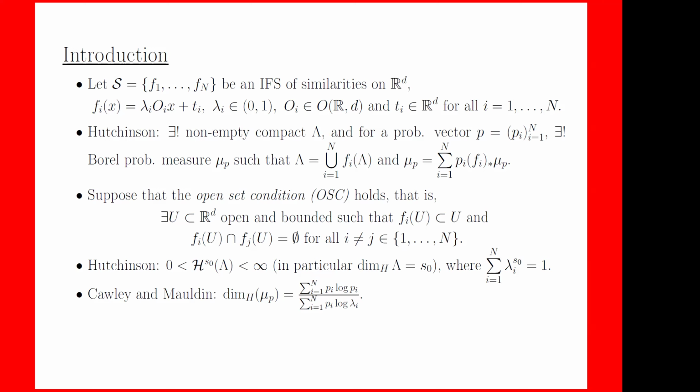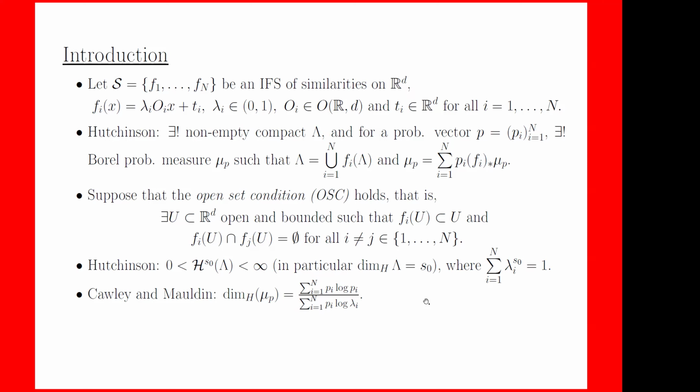Namely, it's s_0-Ahlfors regular. So in particular, it has positive and finite s_0-dimensional Hausdorff measure, where s_0 is nothing else than the similarity dimension here. And also, Feng and Hu showed that the measure is exact dimensional, and its dimension is nothing else but the entropy over the Lyapunov exponent ratio.